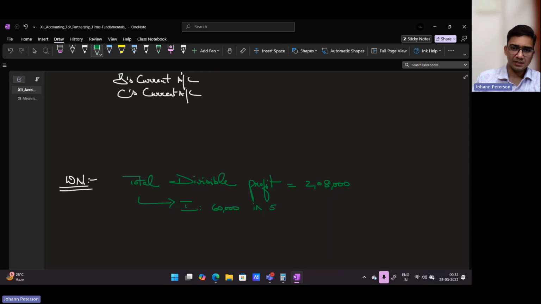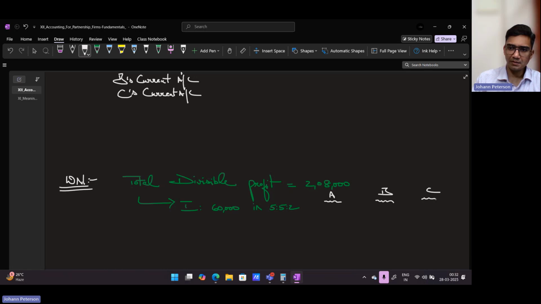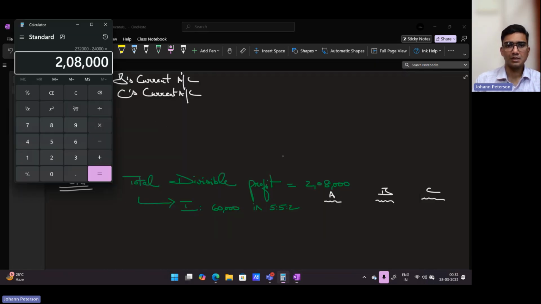So 60,000 in 5 is to 5 is to 2. If I have to divide this, we have three partners, A, B, and C. How much will A get, B get, and C get if I divide 60,000 in 5 is to 5 is to 2?